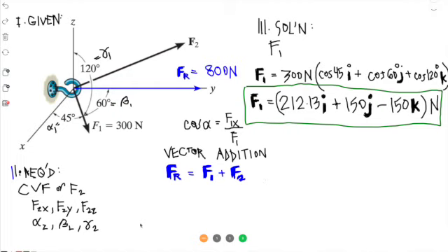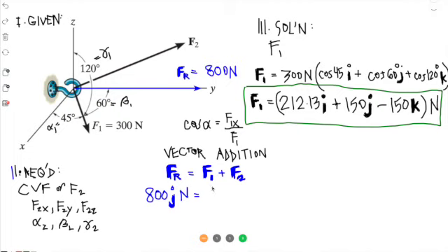Let's write it directly. FR in vector form would give you 800, that is in the y axis only, so you have 800 j newtons. That's equal to F1 plus F2. We just need the components and the ijk.